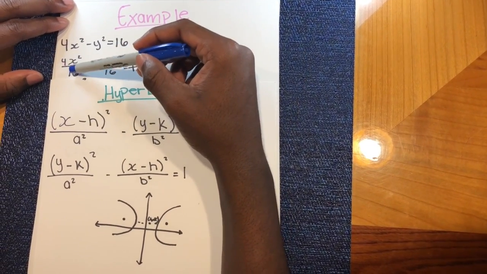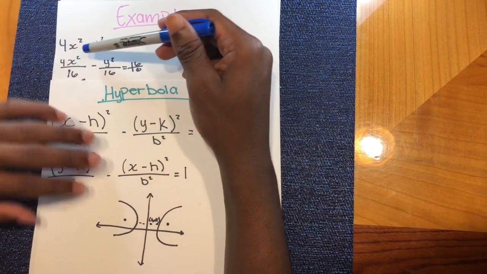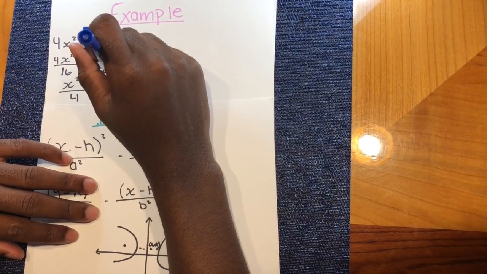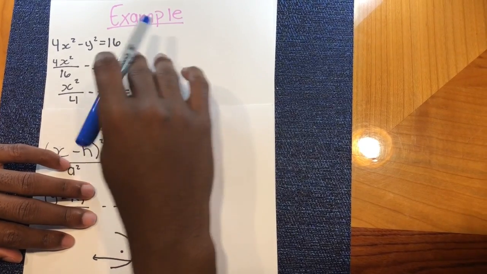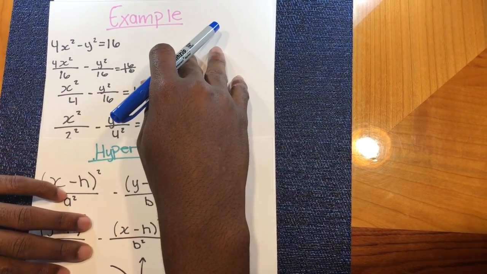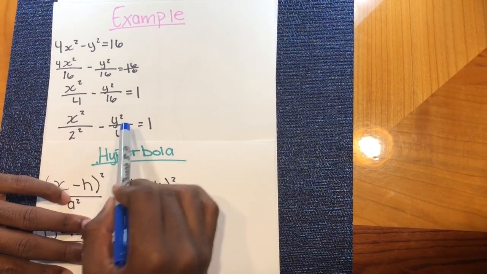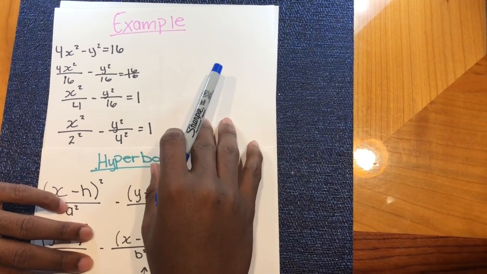Your 4 over 16 gives you x squared over 4, and then your y squared over 16. So when we have that now, we can simplify this down to give you x squared over 2 squared minus y squared over 4 squared equals 1.